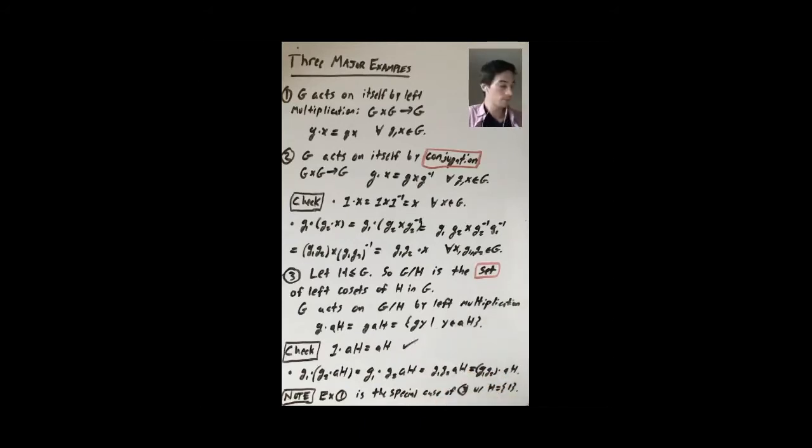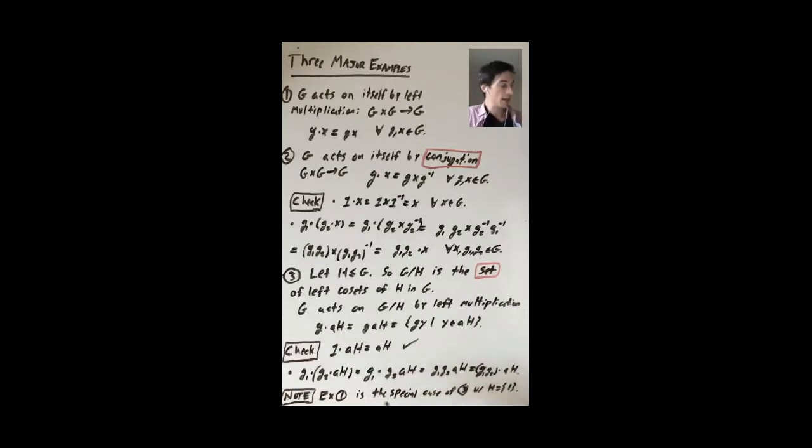A. So why is this a group action? Well, how does 1, the identity, act on AH? It just sends it to AH. So every element is fixed when you act by the identity. So what do you get when you take G1 and you act on G2 acting on this coset?